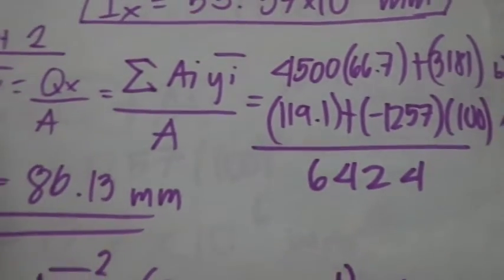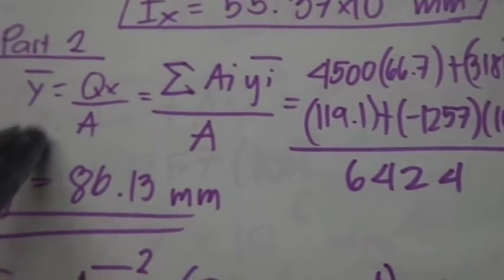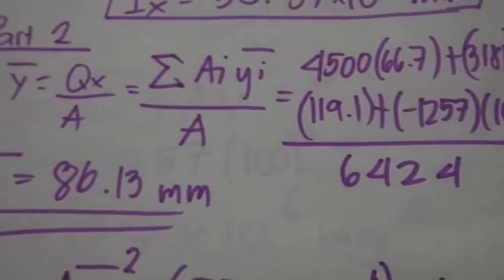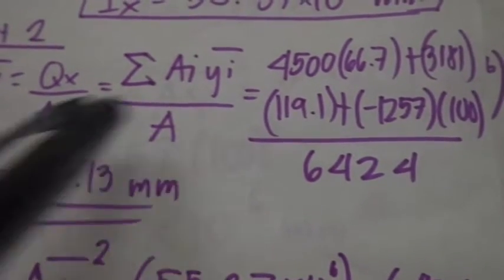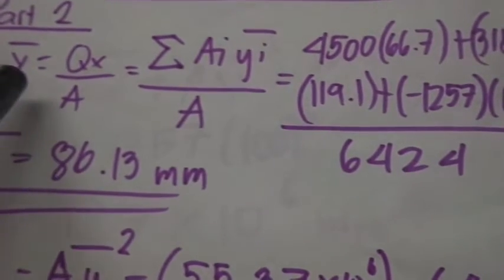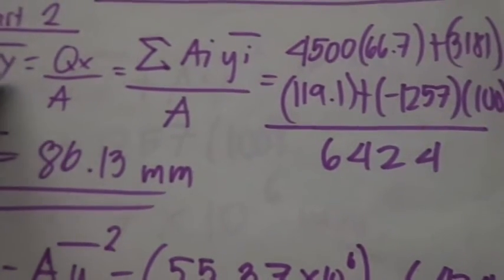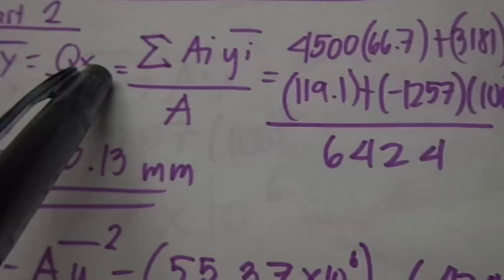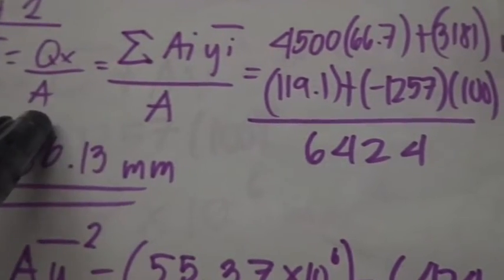The second question asks for us the Ix bar of the composite figure. But since we don't know the centroid of the composite figure, we need to get it using the equation of the centroid, which is y equal to the first moment of the area over the area.